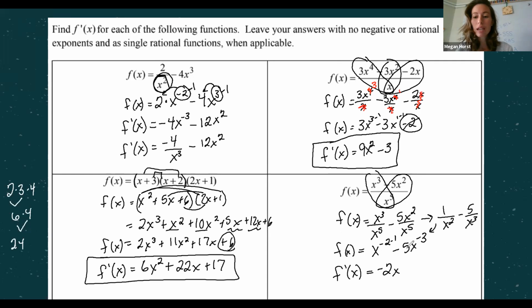I'm decreasing this exponent by 1, so it's becoming more negative. Negative 3 times a negative 5 is a positive 15, x to the negative 4th. My final step is to write this with all positive exponents. So I get f prime of x equal to negative 2 over x cubed plus 15 over x to the 4th. So that would be my final answer.